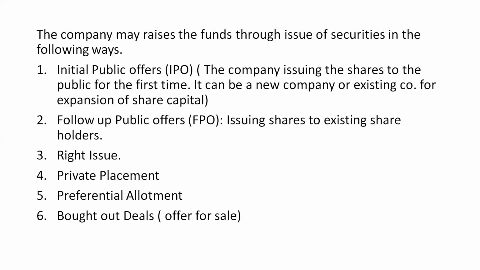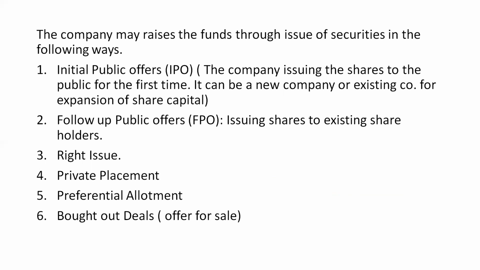In an initial public offering, shares of the company are transferred from the issuing company to the subsequent buyers of the shares. This is called primary market operations. In primary market operations, companies issue fresh securities in the market to the public. So this is what we call an initial public offer.